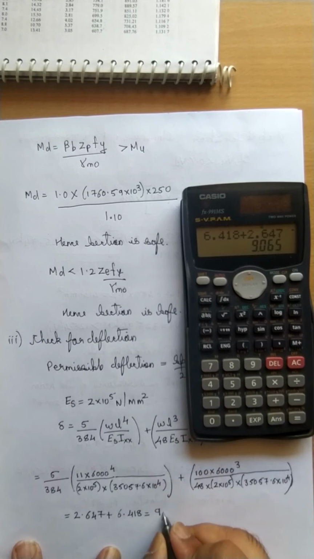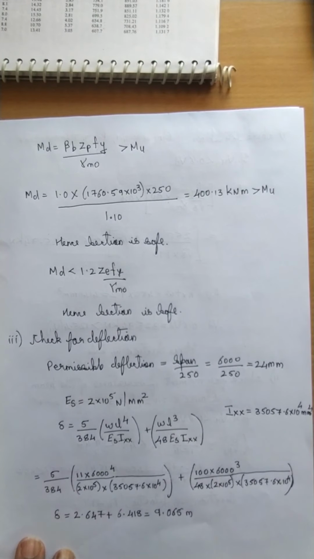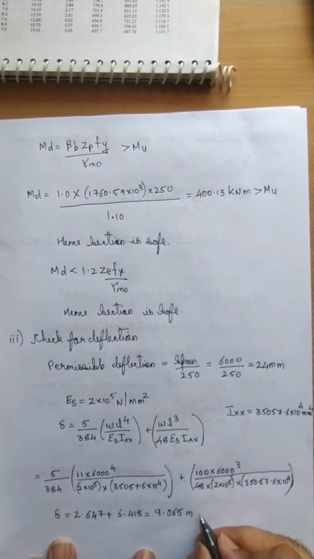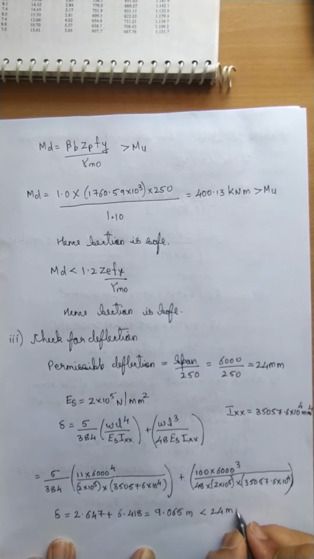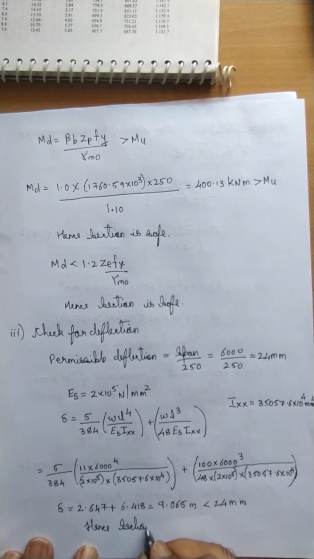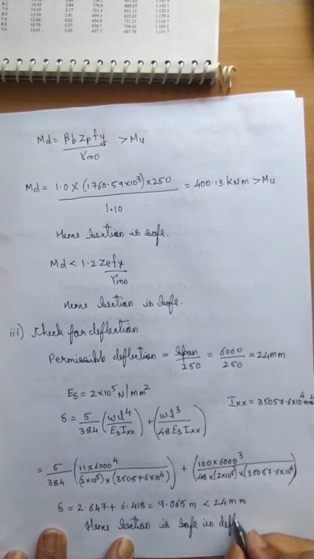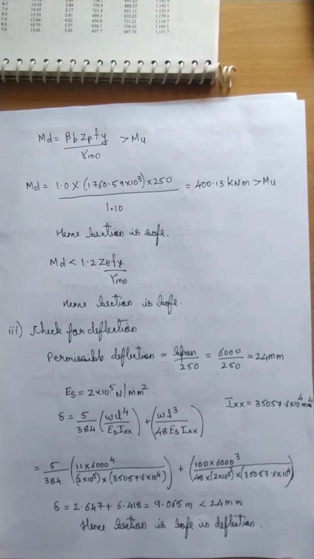So this is working out to be 9.065 mm. So the total deflection in the beam for this section is 9.065 mm, which is less than the permissible deflection of 24 mm. Hence the section is safe. Hence the section is safe in deflection. The next two checks we'll do in the next part.